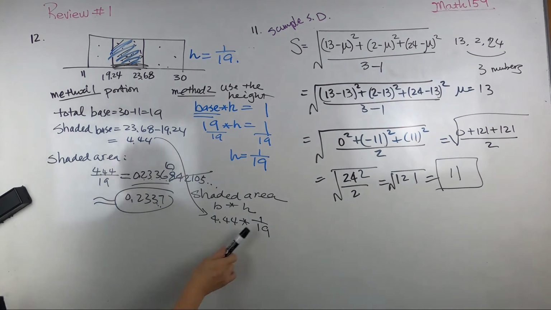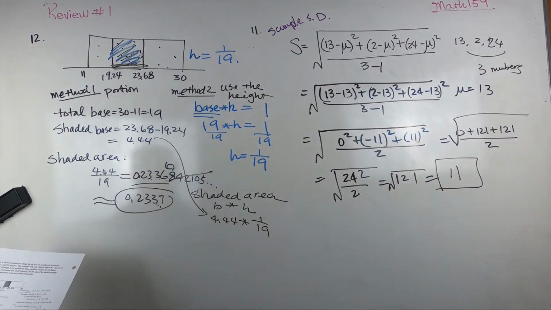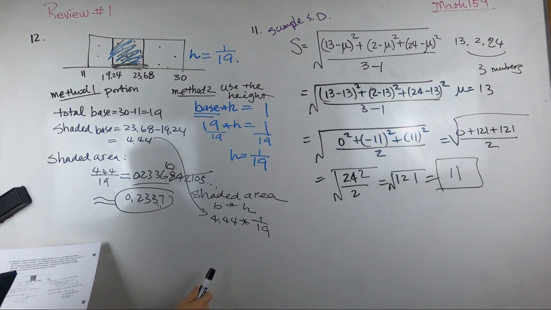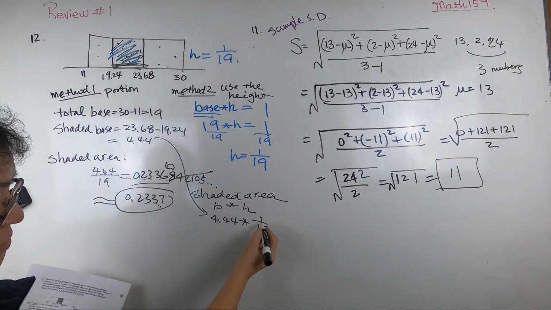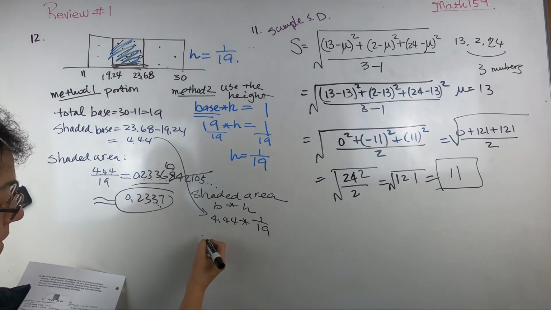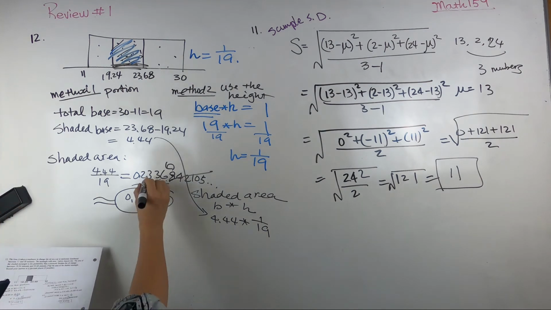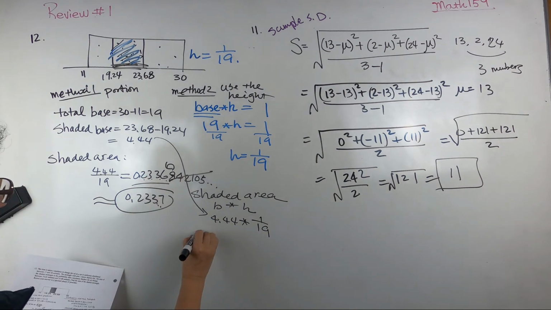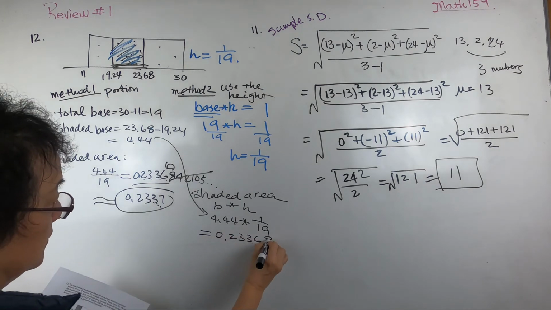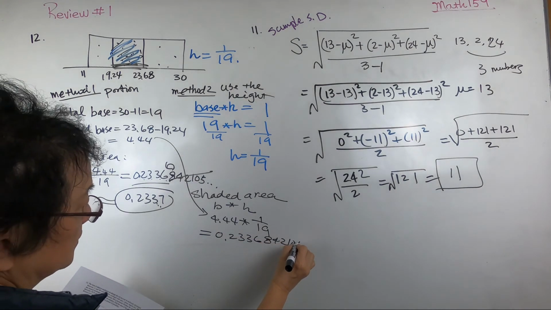So how do you do that? Change it to decimals, or 4.44 divided by 19. Or you multiply 1 divided by 19 and find the decimal, times 4.44. You will end up with the same thing, 0.233684 to 105.